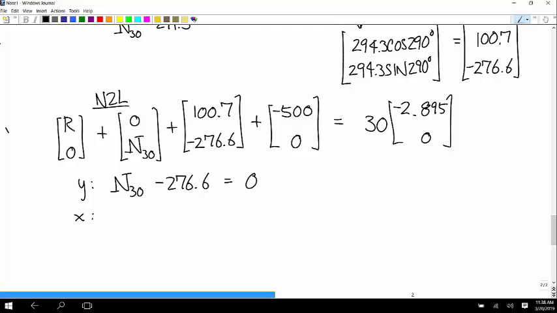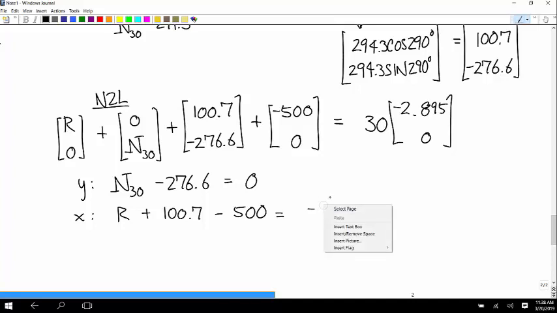But the x equation says R plus 100.7 minus 500 is equal to, what's 30 times negative 2.895? 87. Oh, 87. Okay, 0.